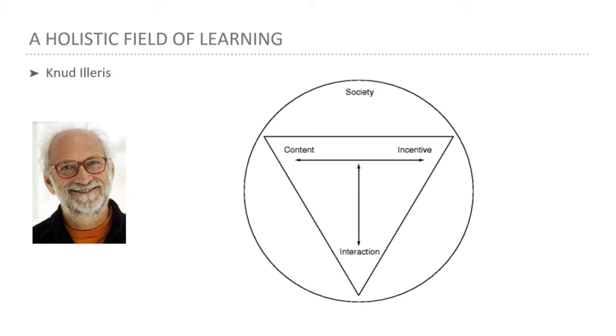Both of those examples, I hope you can see, are leading to some quite one-dimensional, quite simplistic conceptions of what education and learning are all about. If we take the idea that teaching is just content knowledge and classroom discipline, well, that's just a really thin version of content and perhaps a quite hierarchical, disciplinary conception of interaction. Where is the incentive? Where is the positive interaction there? So hopefully you can see that this model offers a much more complex, more nuanced and hopefully more effective way of thinking about learning.